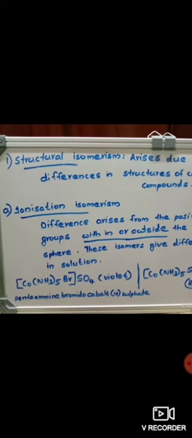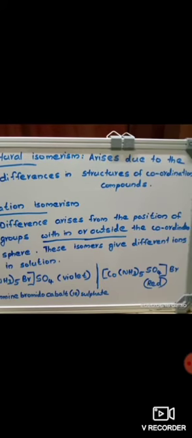Difference arises from the position of group within or outside the coordination sphere or square bracket. These isomers will give different ions in solution.